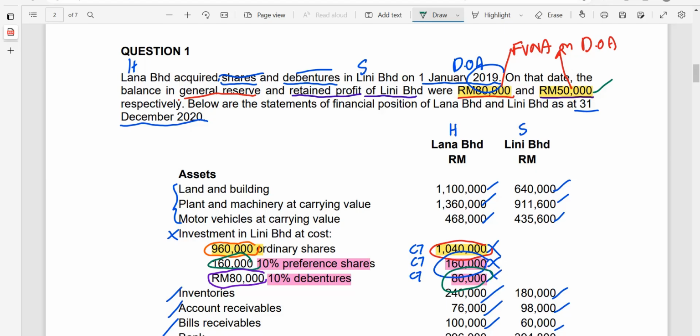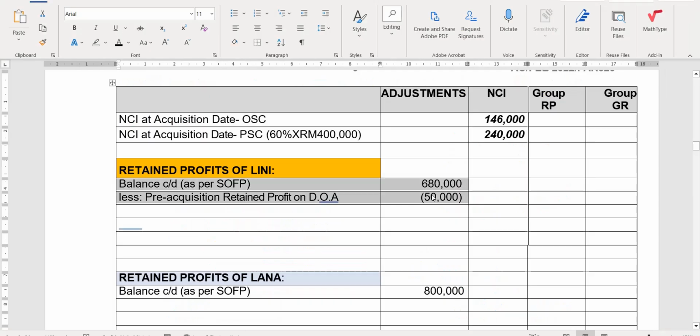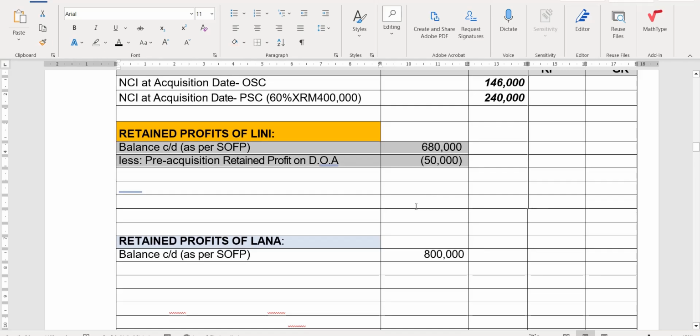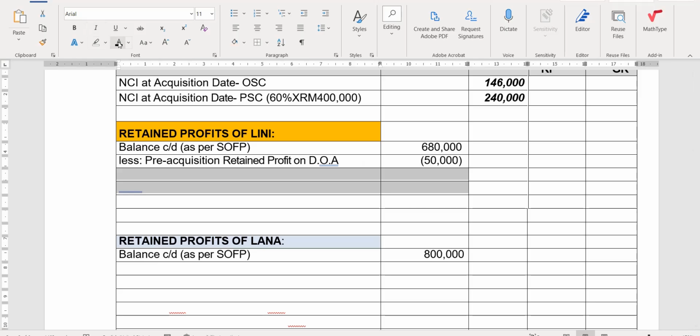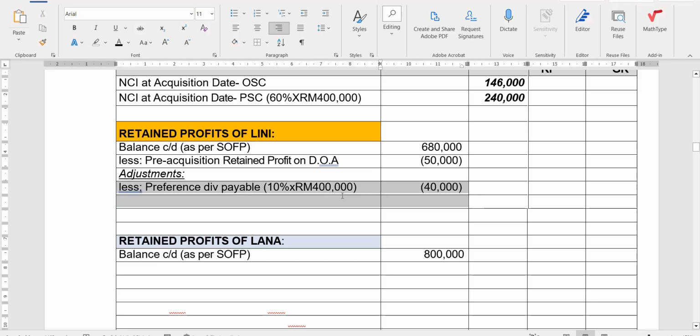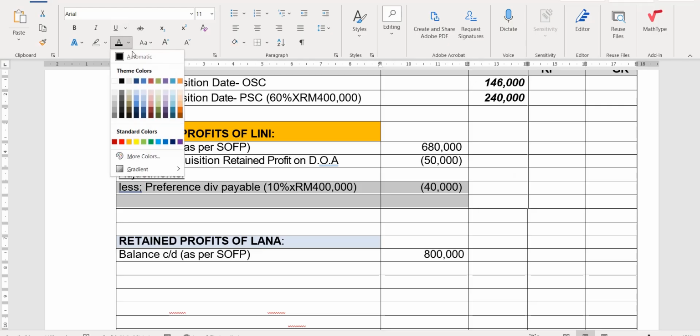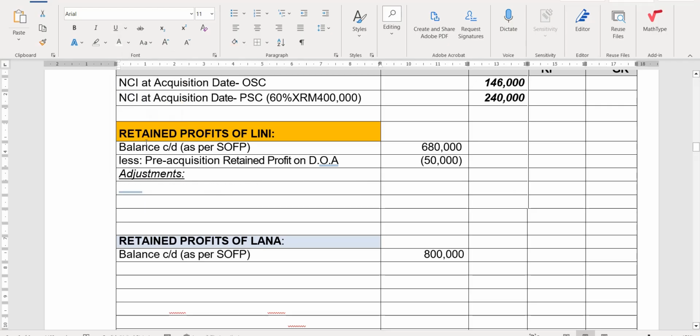Remove if it's a profit, add if it's a loss. So that was what I did here. You can follow me, and then you can do the adjustment later. I will be doing that in a short while. You can start with that.